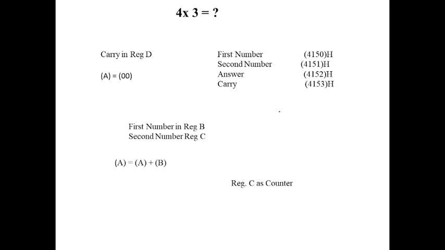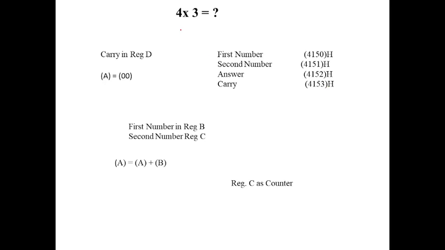To understand the logic of multiplication of two numbers, let us take an example where we have to multiply 4 and 3. According to the program statement, the first number is at 4150H, and the second number is here. We have to store the answer at 4152H and carry at 4153H.